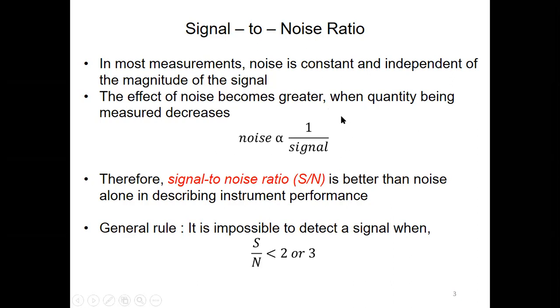When we enhance the intensity of the signal, the noise part does not change with the magnitude of the signal. Therefore, we can minimize the effect of the noise part. So we can say that signal and noise have an inverse proportionality.